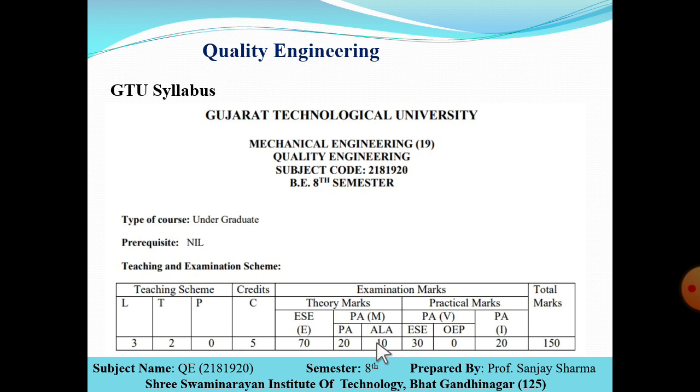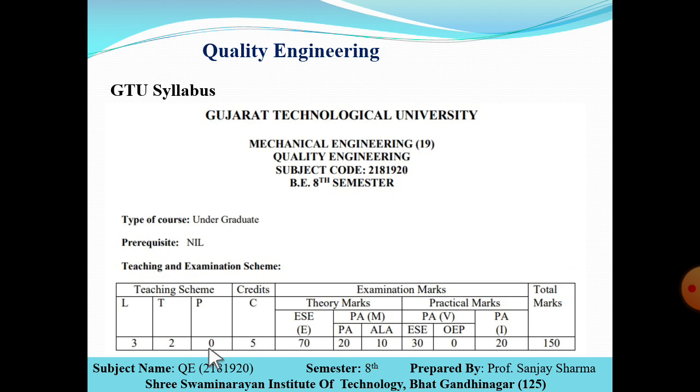Here it is divided into 20 plus 10, so it is 30 marks, and viva is 30 marks, and the internal term work is 20 marks. So in total you have to secure 150 marks. You will be appearing for the GTU exam, so it's very important to understand this.